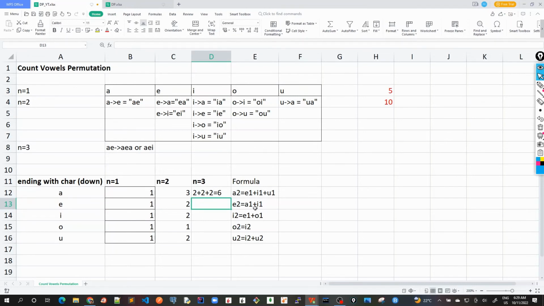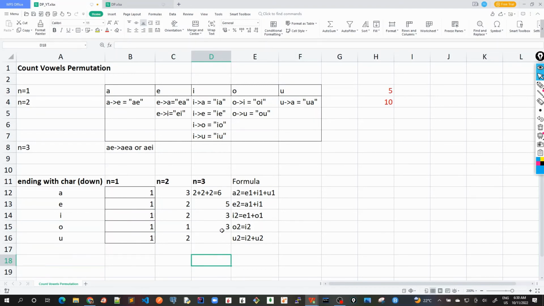Similarly, for E3, it would be A2 plus I2, and A2 plus I2 is 5. For I3, it would be E2 plus O2, and E2 plus O2 is 3. Similarly, for O, it would be the same as I, it would be 3.